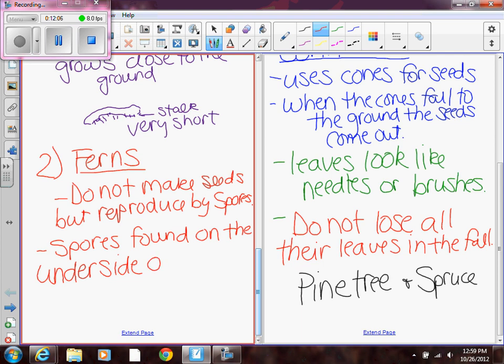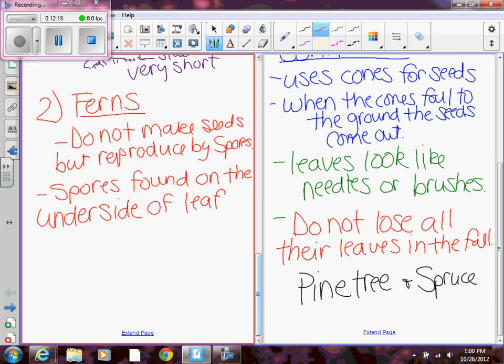On where? Nope, they're found on the underside of the leaf. If you look in your book, and I'm really bad at drawing.